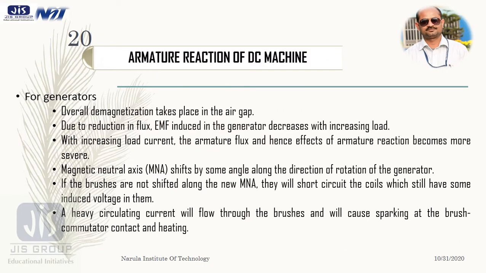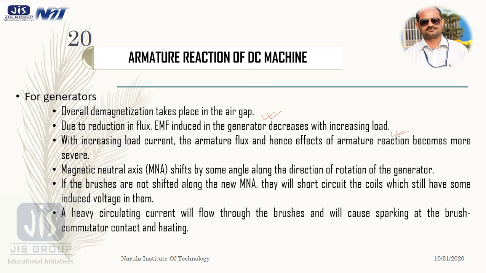Now for a generator we have seen that there is a demagnetizing effect taking place in the air gap. Due to reduction of this flux, the EMF induced in the generator decreases with increasing load.